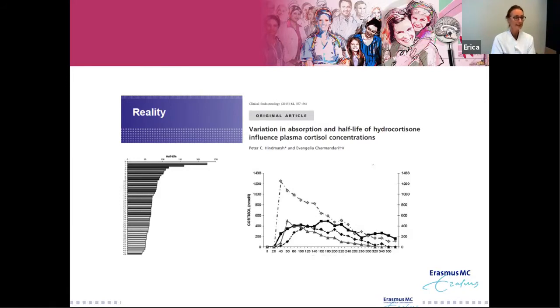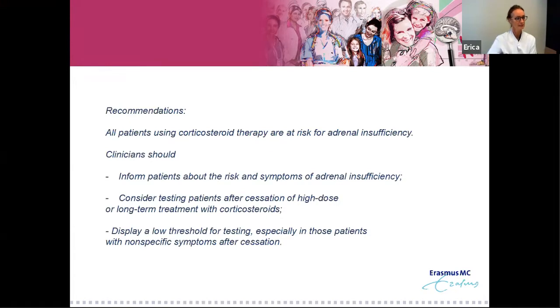And here you see that some peak very early after taking the dose and have a slow decrease, and others do not have such a high peak and have a fast decrease. And the half-life can differ. For some patients, it is 4 hours, and for others, it is maybe less than an hour. So we should take this into account when we look at our individual patients.